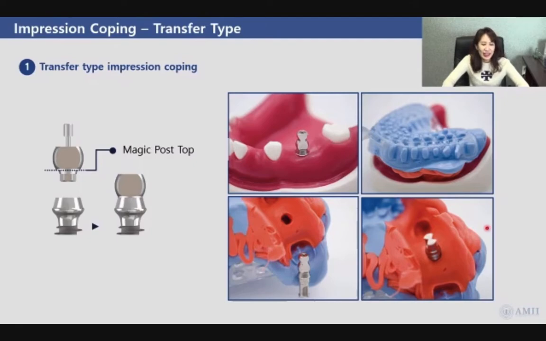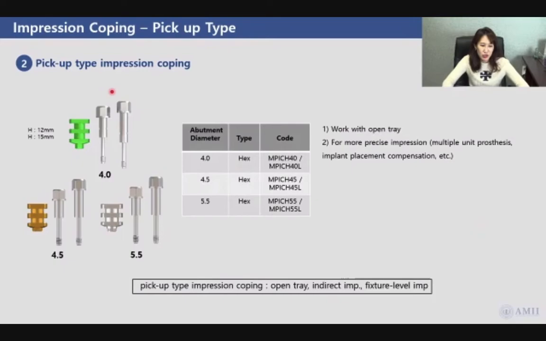Okay. And then the second type is the pickup type impression coping. Pickup type, of course, like everybody already knows, you have to work it in an open tray. But the impression coping is more precise than the transfer coping. They come in two different sizes, 12 and 15 millimeters.